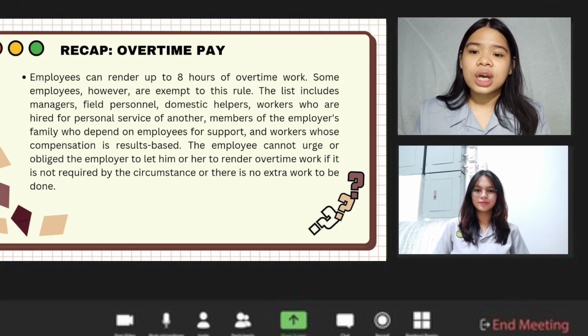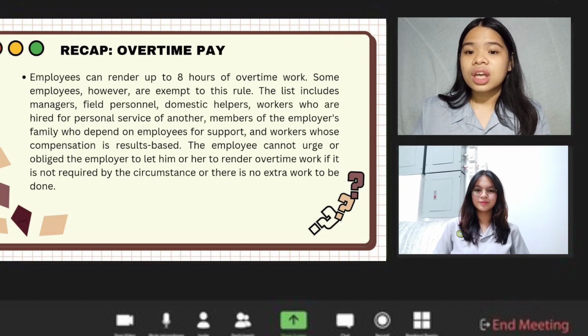Some employees, however, are exempt from this rule. The list includes managers, field personnel, domestic helpers, workers who are hired for personal service of another, members of the employer's family who depend on employees for support, and workers whose compensation is results-based.